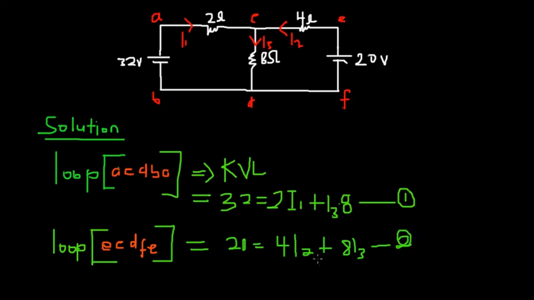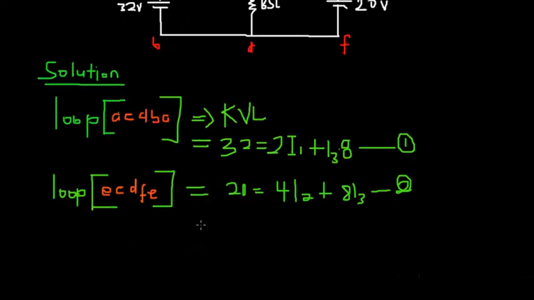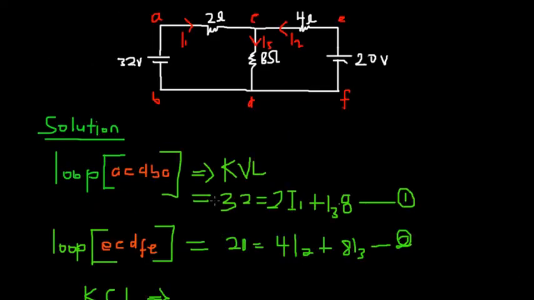Equation 2. Now from here we can employ the KCL, that's the Kirchhoff current law. We know that for KCL, the current entering a node has to be equal to the current leaving a node. So from here, this is our node.